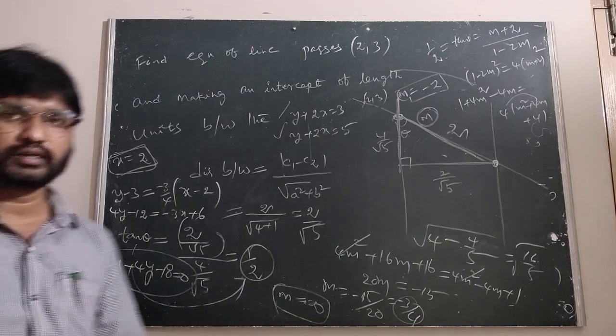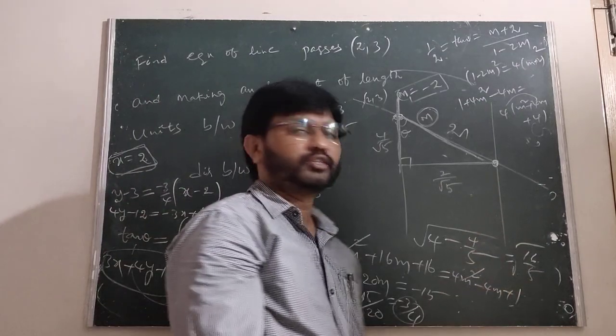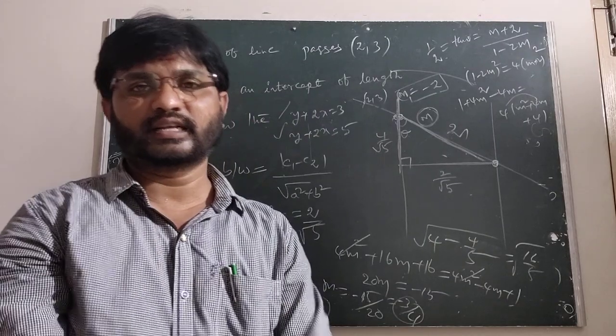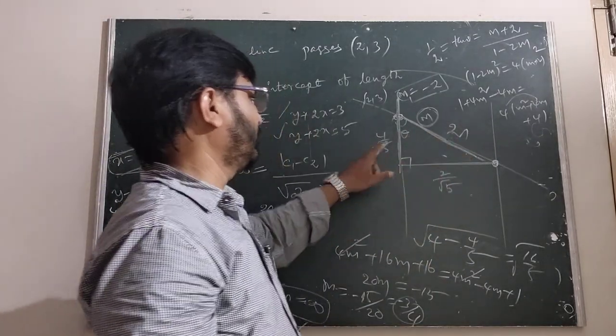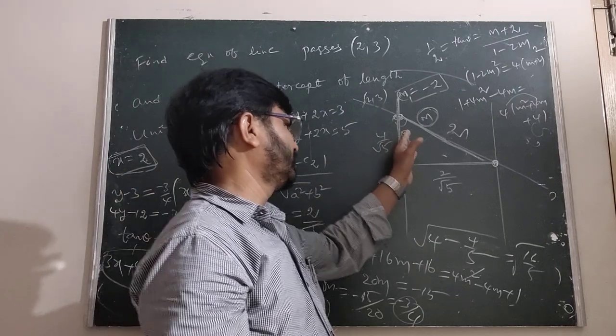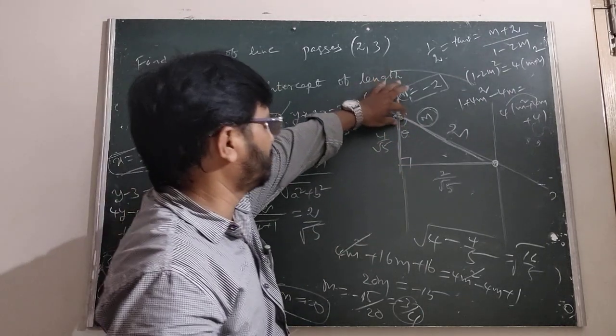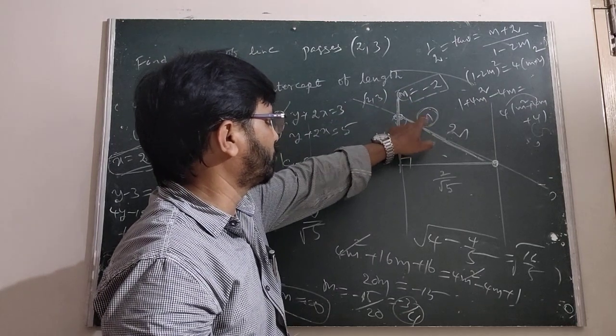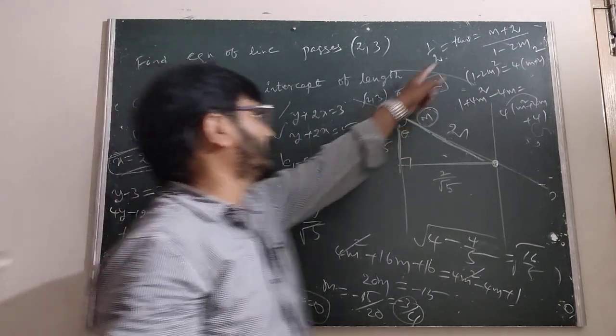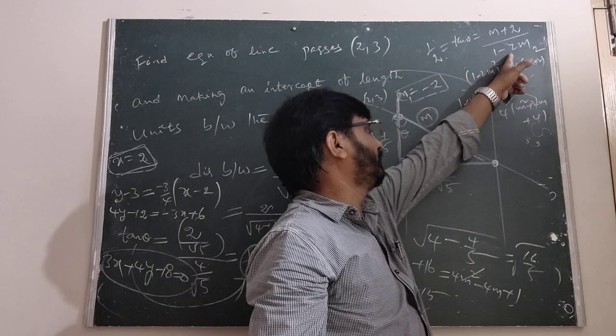How to find this one? First of all, we have to find the distance between the parallel lines. The intercept between the two lines is given as 2 units. After that, we take tan theta as the angle between these two lines. The slope of this line is minus 2, and we find the slope of the other line. Therefore tan theta is m1 minus m2 by 1 plus m1 m2.